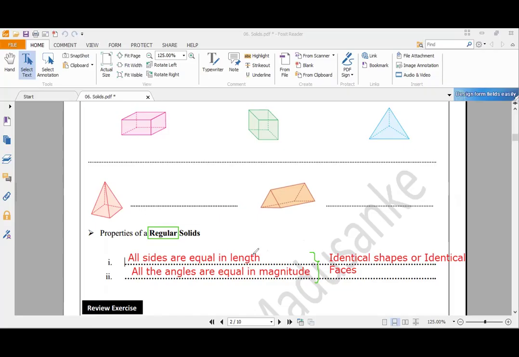Or else, we can refer to identical shapes, identical faces on the particular solid. Then that solid is called regular. I will explain when it comes to that place.